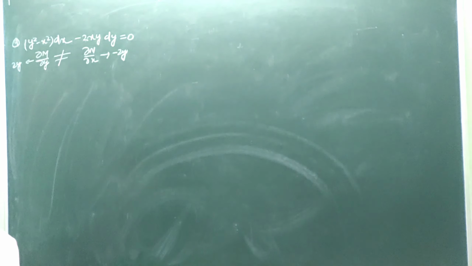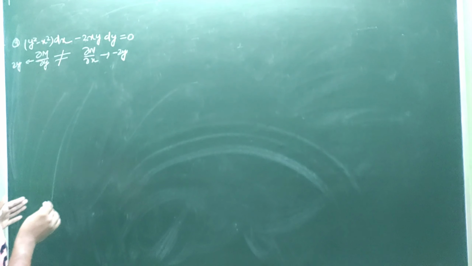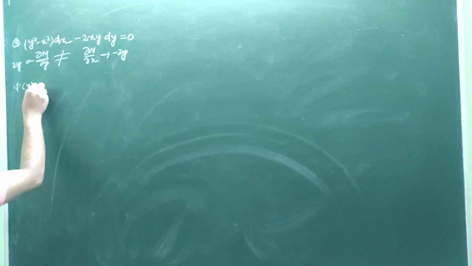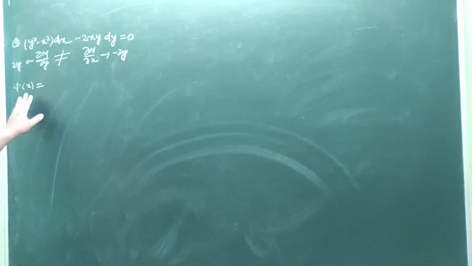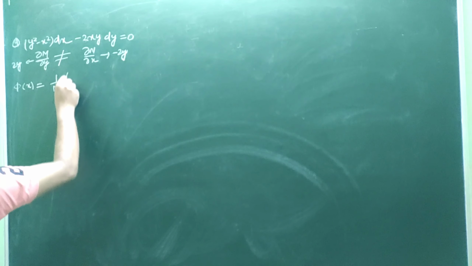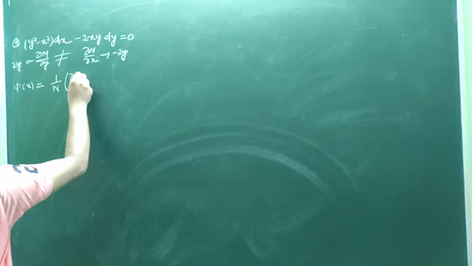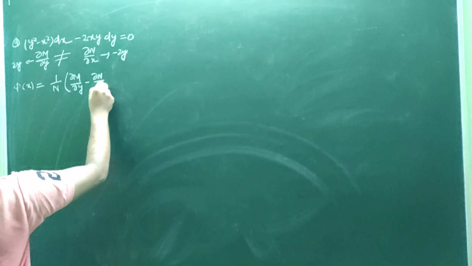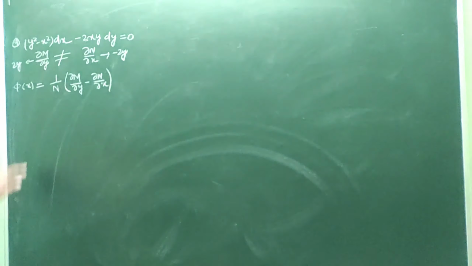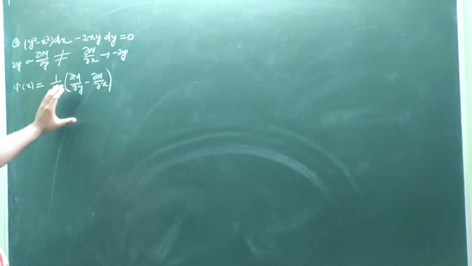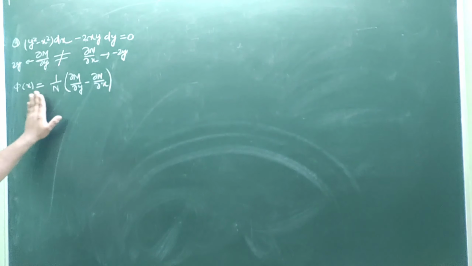Just follow my method. Now we can find a function phi of x. This is a function of x only. And how can we find this? Divide by N and subtract: dou M by dou y minus dou N by dou x. Find these two values, subtract, and divide this term by N. You will get a function of x.